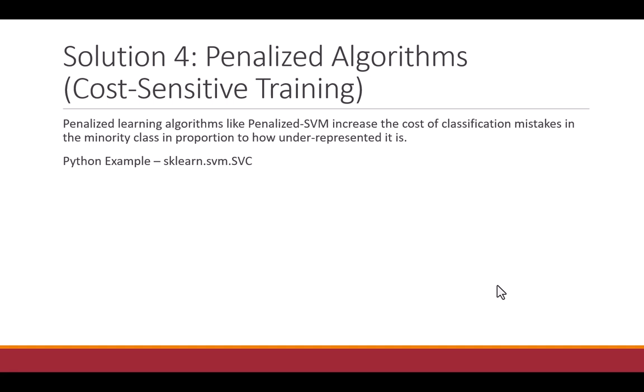So you see here it talks about using algorithms like penalized SVMs, support vector machines, increasing the cost of the classifier so that when it gets it wrong on the minority class, it gives more importance to the minority class. That's because it's underrepresented. It tries to get to a point where it's no longer underrepresented, and so it weighs them in terms of a penalty.